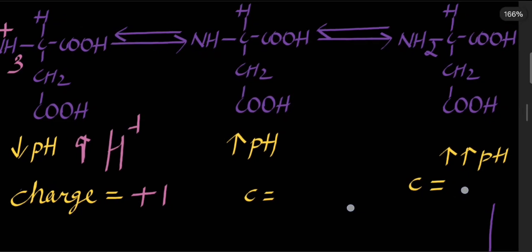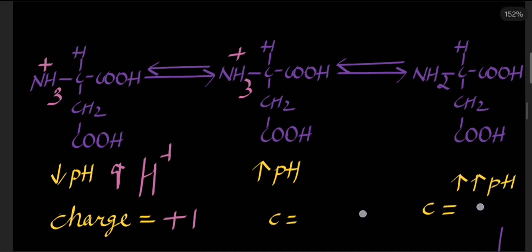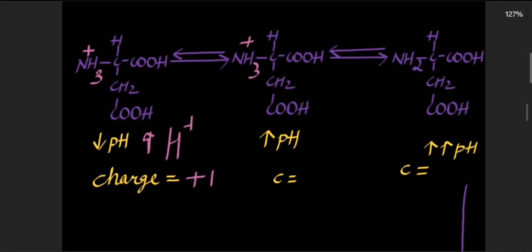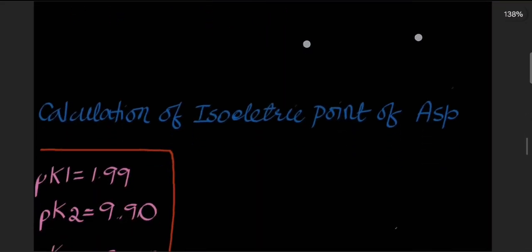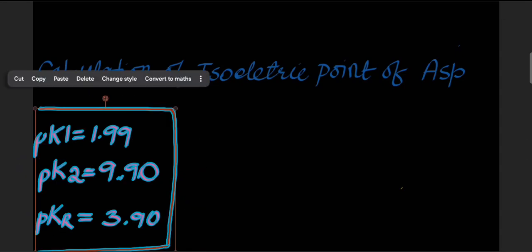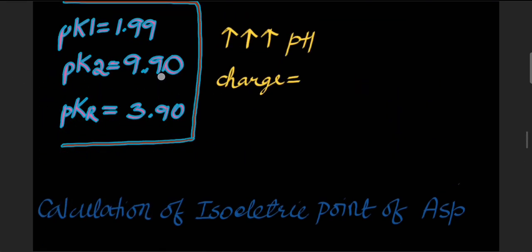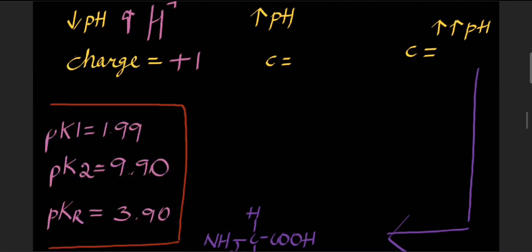Now let us see over here. Let us see in the second one. We have NH3, right? We still have NH3 and then we have a plus. So where is the pKa value that we need to understand? Okay, so 1.99. I'll just take this above. Okay, I'll keep it here.